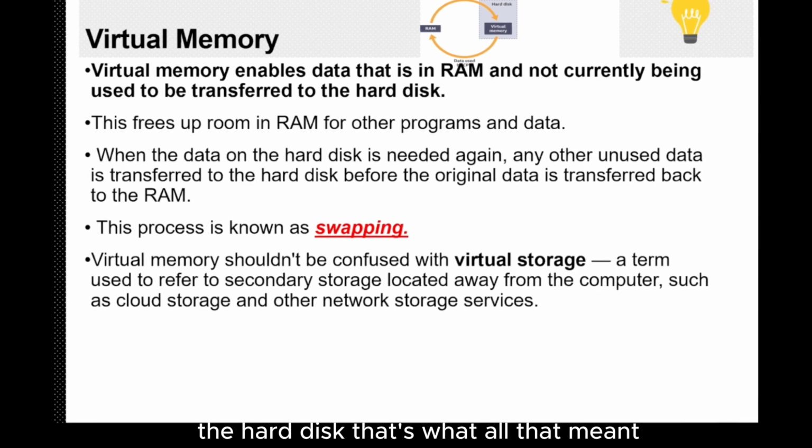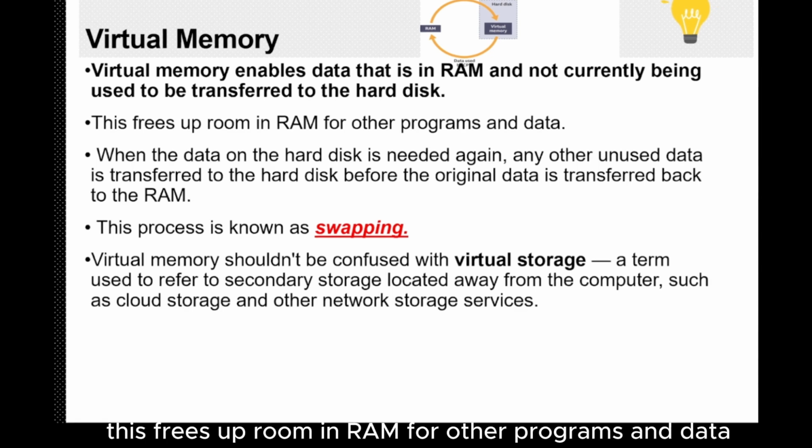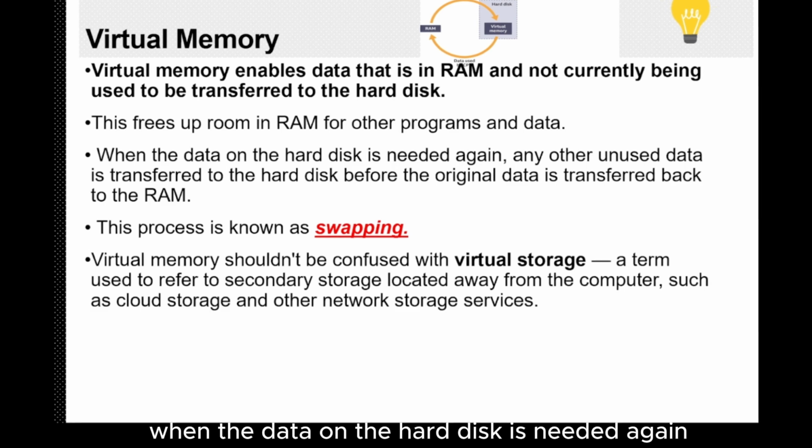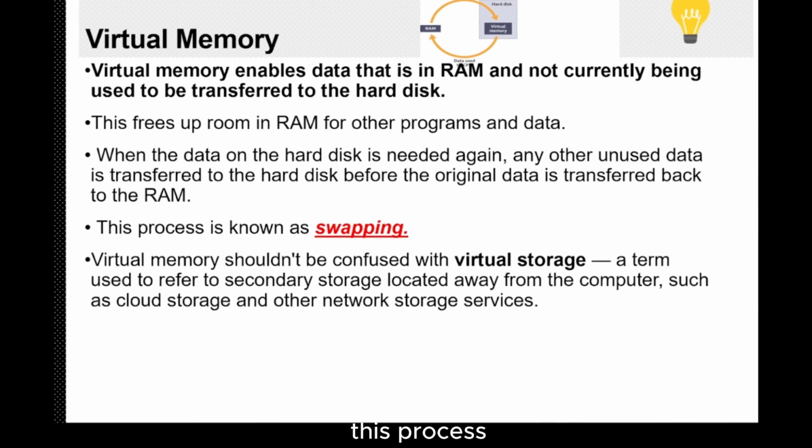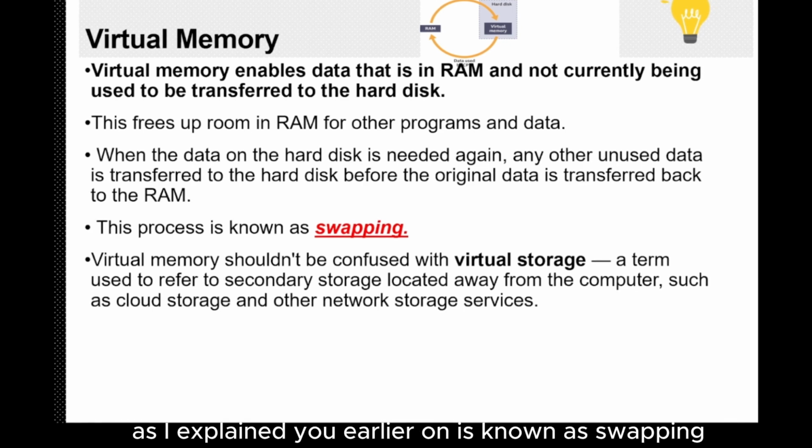This frees up room in RAM for other programs and data. When the data on the hard disk is needed again, any other unused data is transferred to the hard disk before the original data is transferred back to RAM. This process, as I explained earlier, is known as swapping.